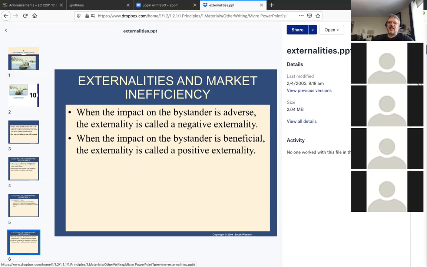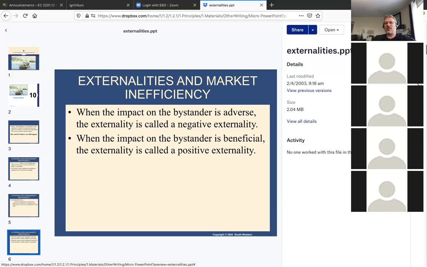If it turns out to be a negative impact, like damaging somebody's health due to pollution, like the secondhand cigarette smoke example, we call that a negative externality. And it's probably harder for you guys to think about this, but there can also be a third party impact that is beneficial. And that's what we call a positive externality.